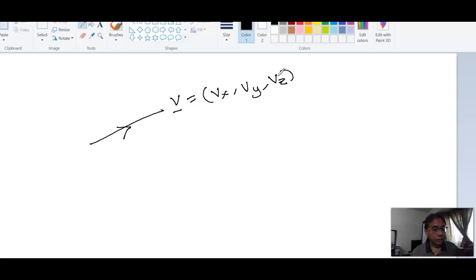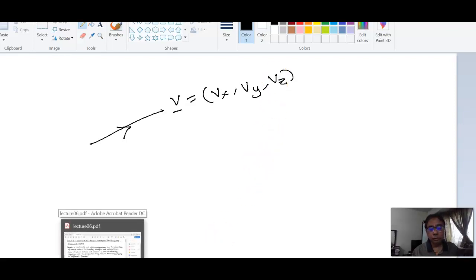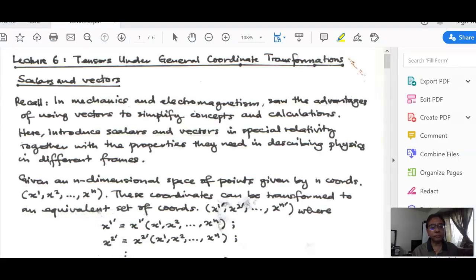But essentially the directed line segment is just the same thing. Only the components change according to the reference frames. And we need to know how these components change under the coordinate transformation. So essentially this is how we start introducing the idea of transformation laws for vectors and tensors in general.